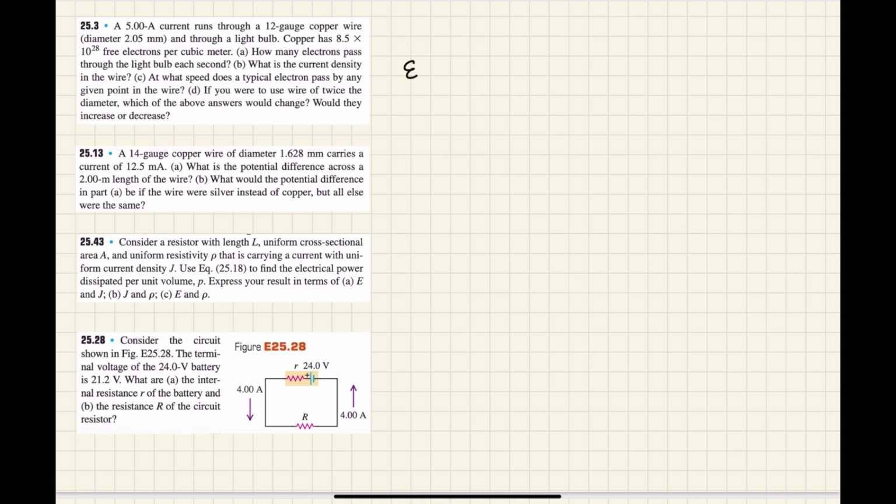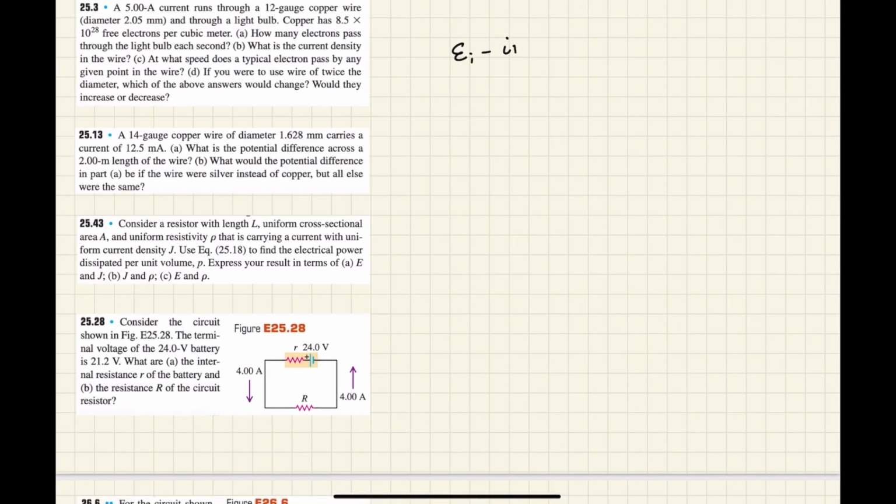So we know that the true EMF is equal to the EMF ideal minus I times R. Okay, so what that means is that we can replace this with the voltage symbol. And so we have epsilon I, the ideal EMF, is 24 volts, minus the current we know is 4 amps, times the resistance is equal to the real one, which is 21.2 volts.